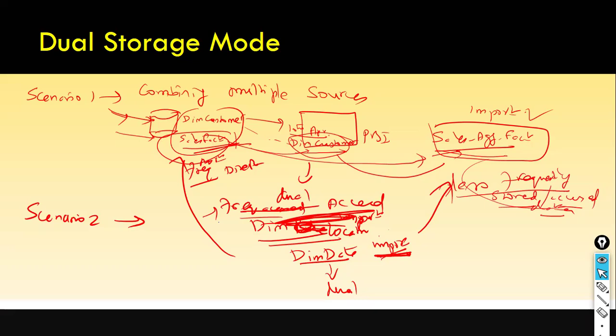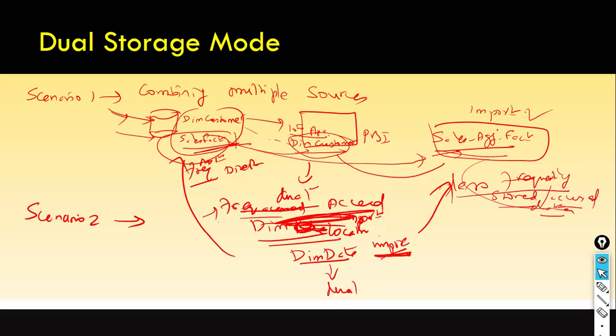Okay, and what scenarios can we use the dual storage mode? Like I said, if you have a table which needs to be joined with another table which is in direct query mode and another table which is in import mode, then you need to keep that in dual storage mode.